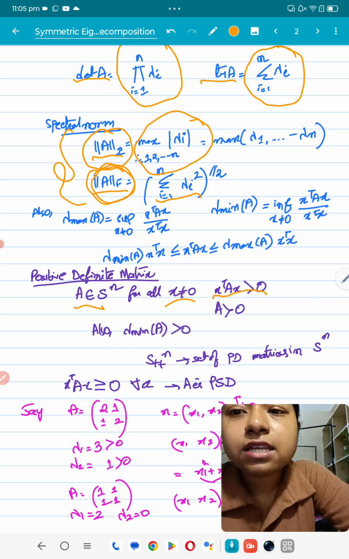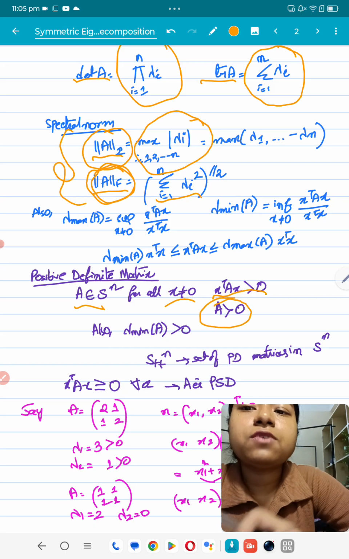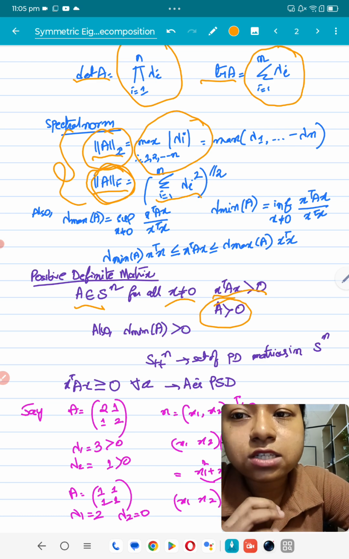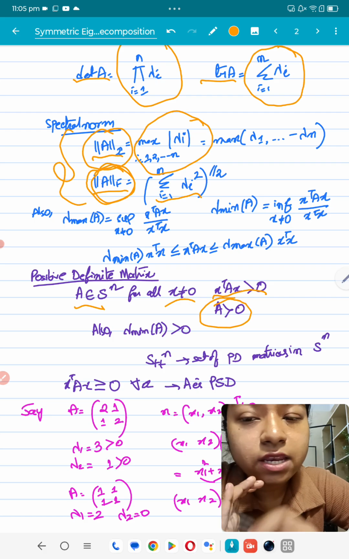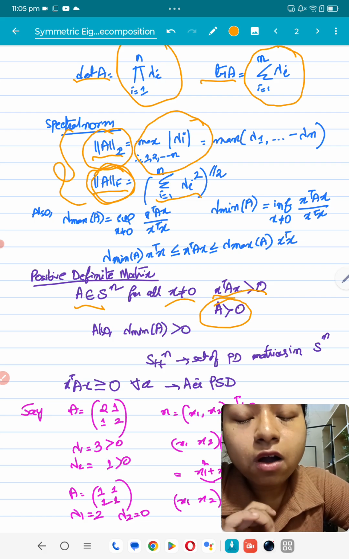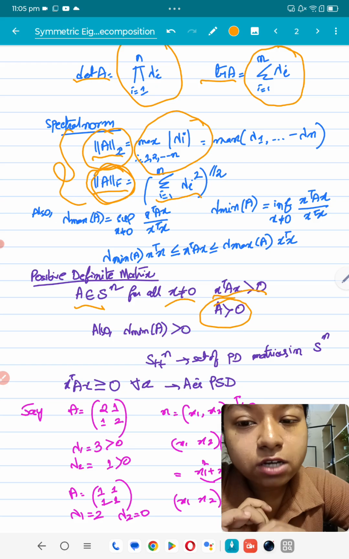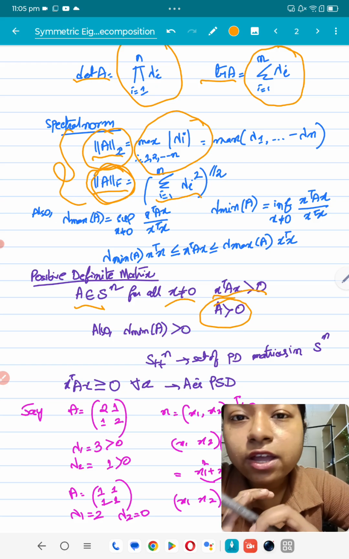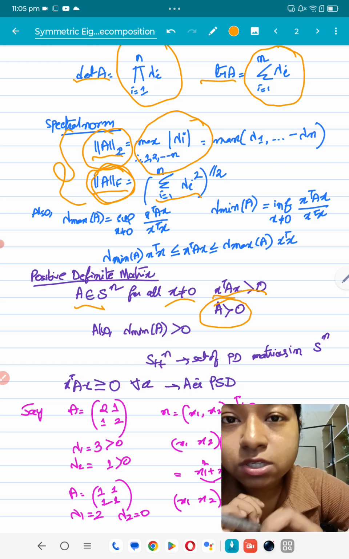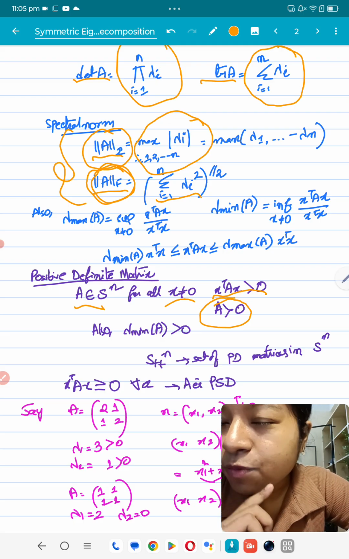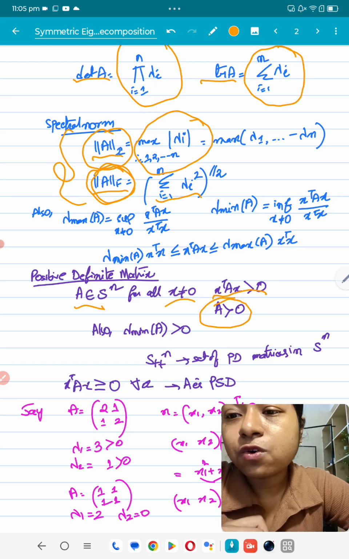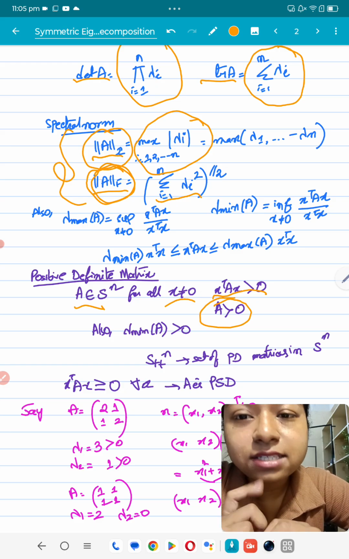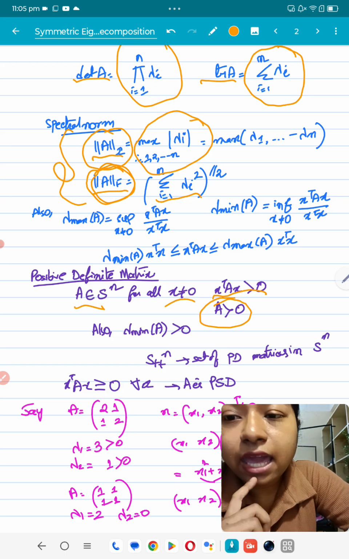Then we say A is a positive definite matrix. I am repeating: if for all x not equal to 0, x transpose Ax is greater than 0, then A is a positive definite matrix. There is also a property that the minimum eigenvalue of A will be greater than 0. Then A belongs to the set S plus plus n.